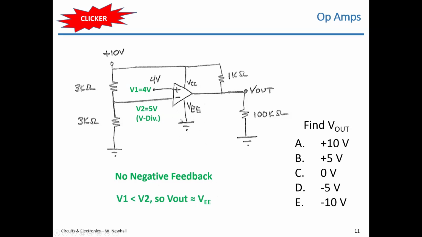VEE is connected to 0 volts here, so the output's approximately 0 volts. If these numbers were switched at the input, the output would be VCC, it would be 10 volts, but that's not the case here. So this is a comparator, and the result of the comparison is 0 volts at the output.